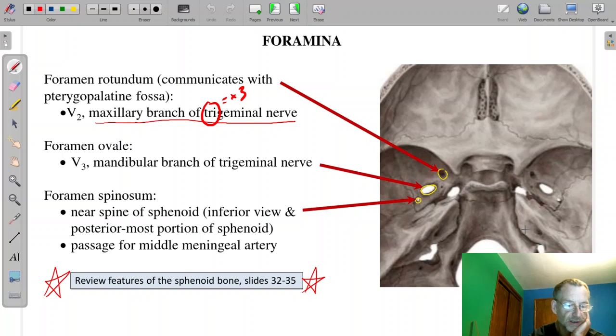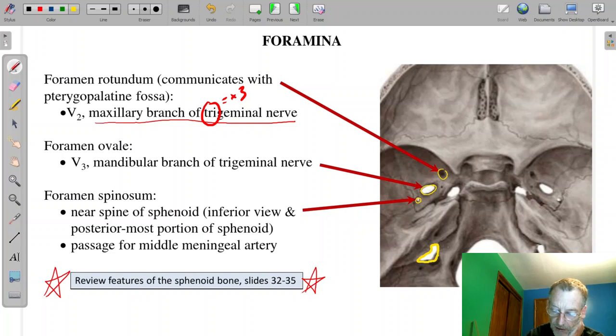And what I should do, since I realize I don't have any other good slides, an omission on my part, this slide shows the jugular foramen, both sides. So these are the jugular foramina, sort of a jagged, convoluted opening.